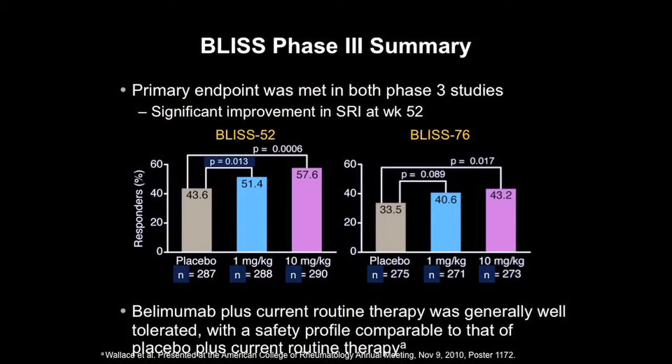And you see these little bar graphs. One study, BLISS-52 on the left, and the US study, BLISS-76 on the right. And on this y-axis, the percentage of patients achieving that response.